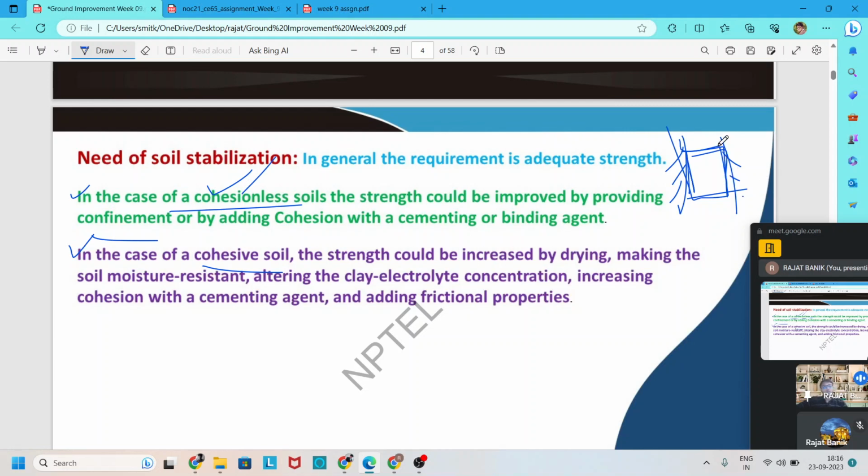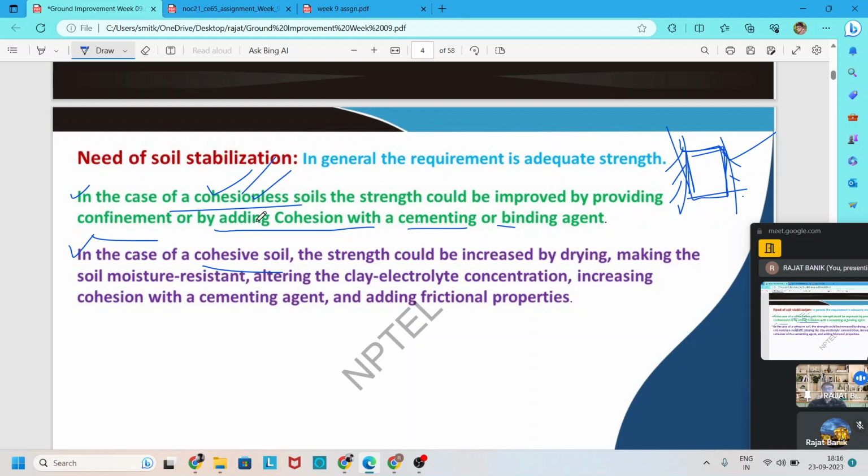By this way, we improve cohesionless soil, or we add some cohesion through additive material like cement or bituminous material. And in cohesive soil, there is no internal friction between the particles.